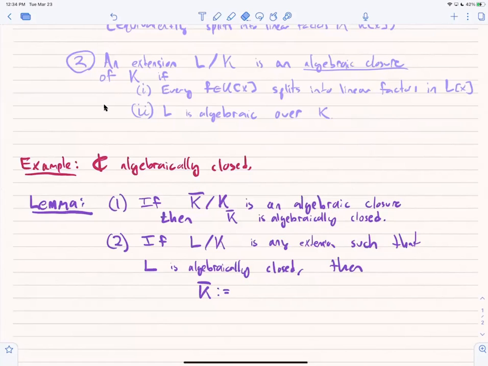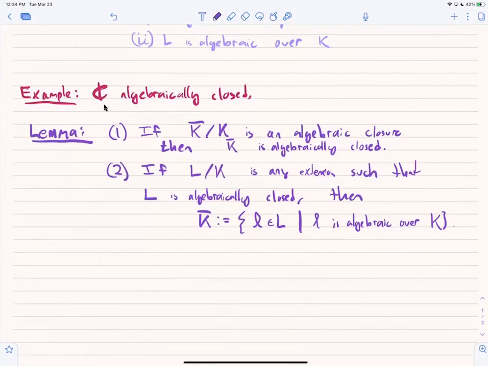So K bar is just a subset of L, which is all the elements little l in the field L such that little l is algebraic over K. Then the statement is this is an algebraic closure.